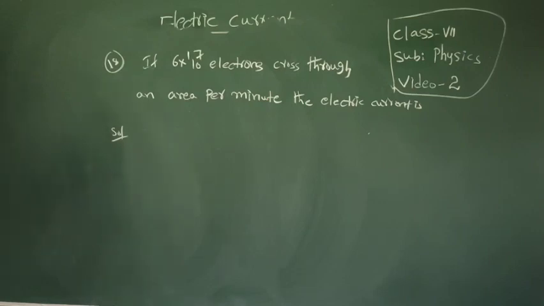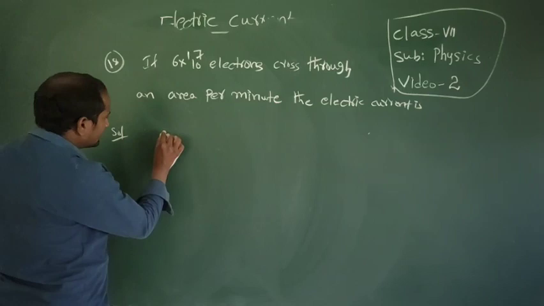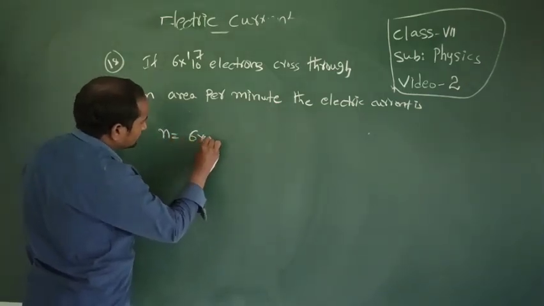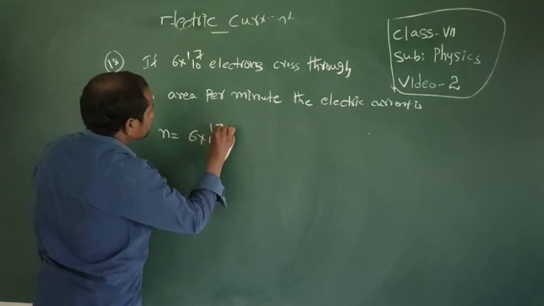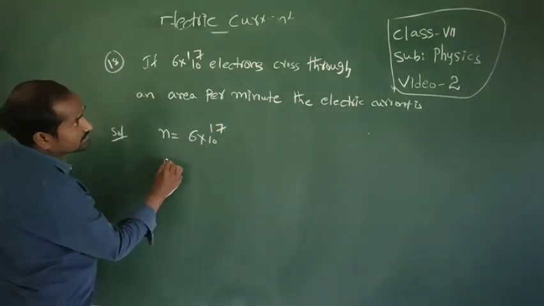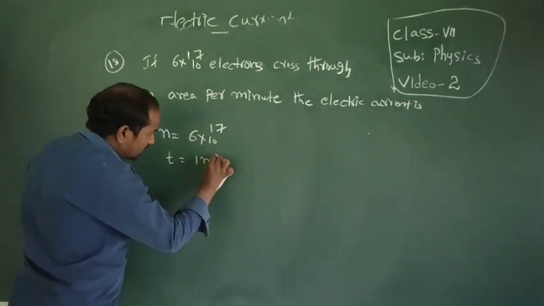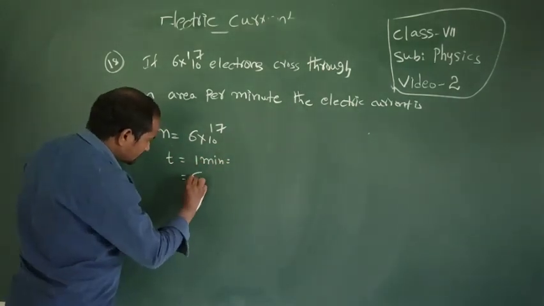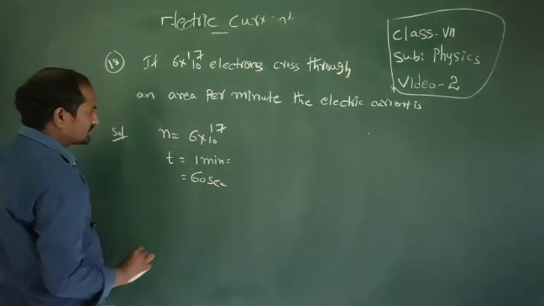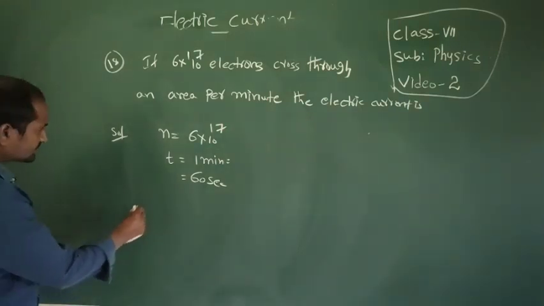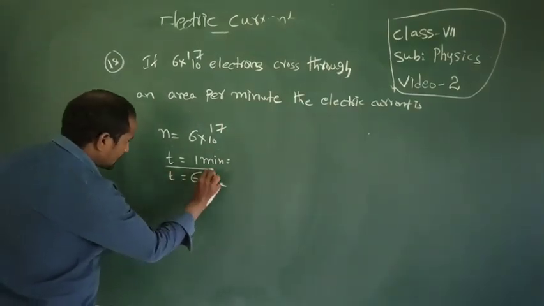Then find the electric current. Here the number of electrons n equal to 6 into 10 power 17. Next, time is given. T equal to 1 minute, that equal to 60 seconds. Then find I, the electric current.